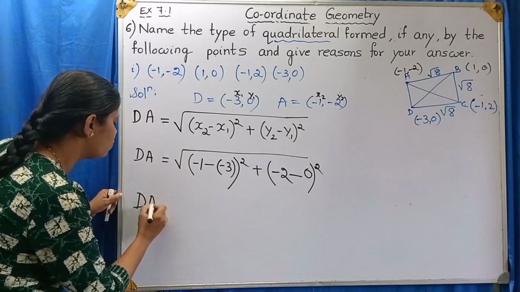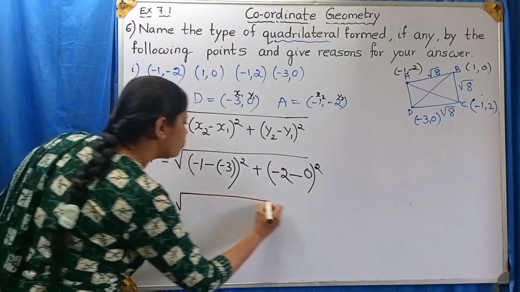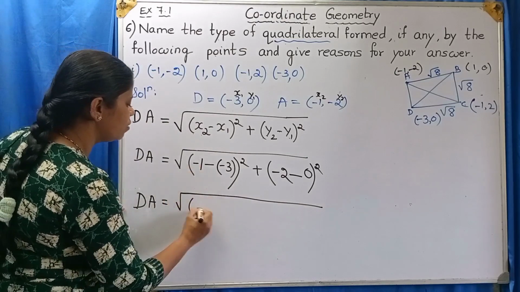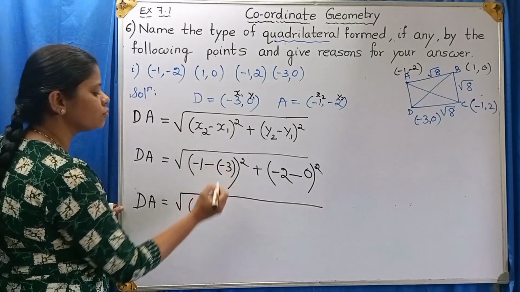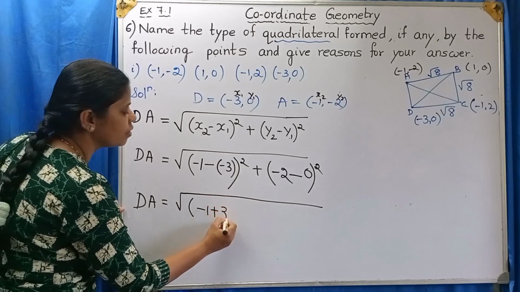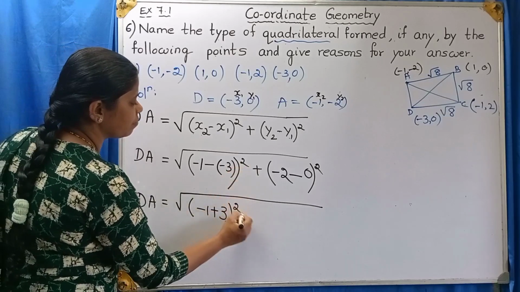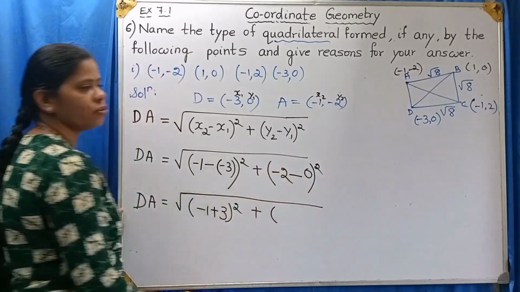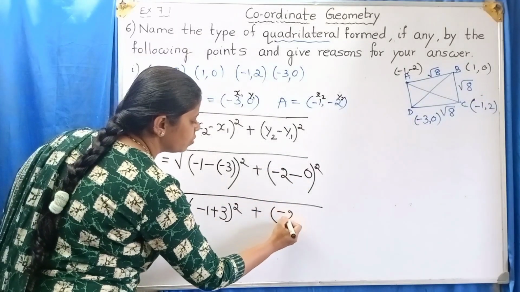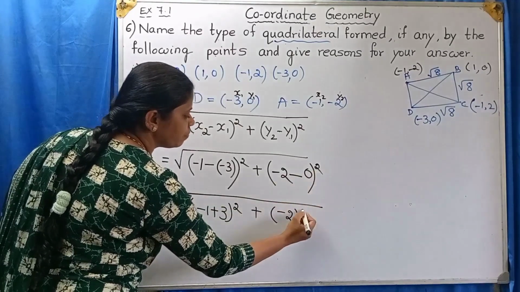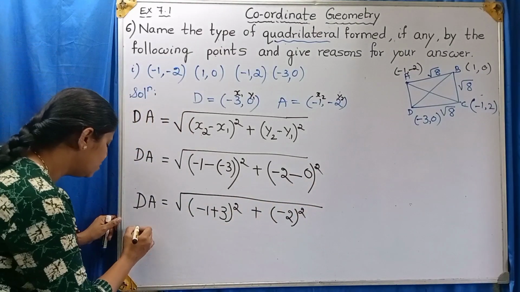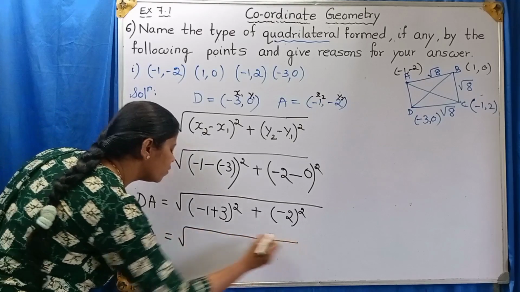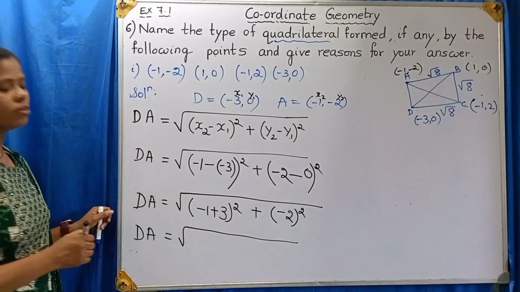DA is equal to square root of, see here, minus 1. Minus into minus is what? Plus 3 square. For this plus let us write plus. Minus 2 minus 0 is what? Minus 2. Minus 2 the square. Okay. DA is equal to square root of minus 1 plus 3 is what?